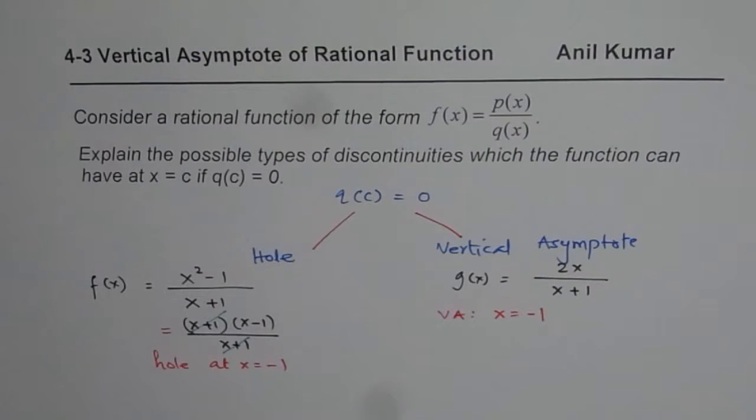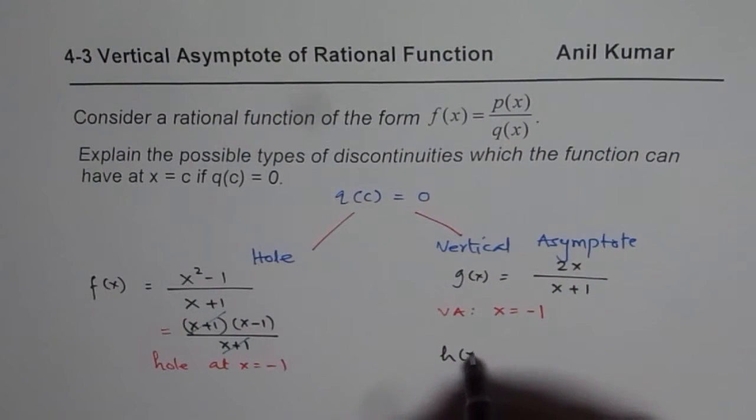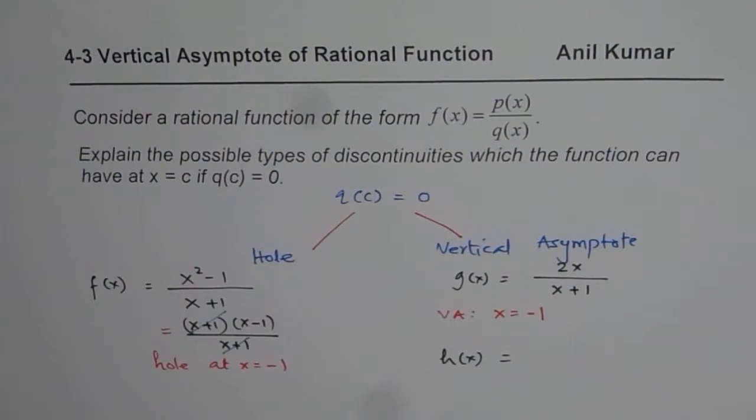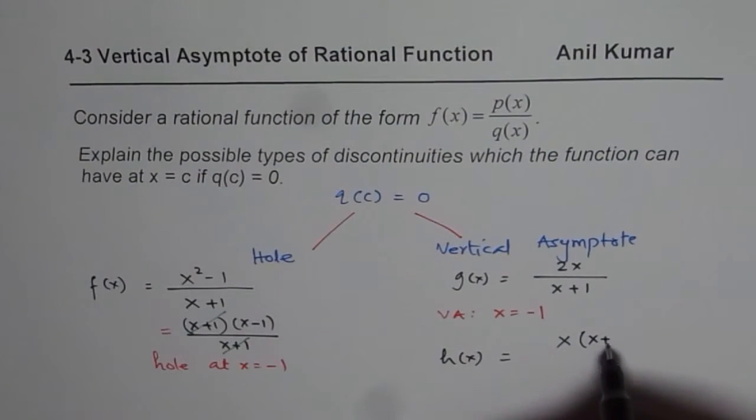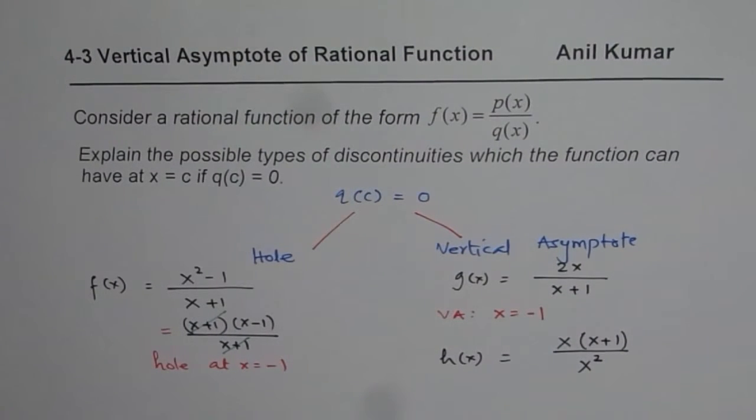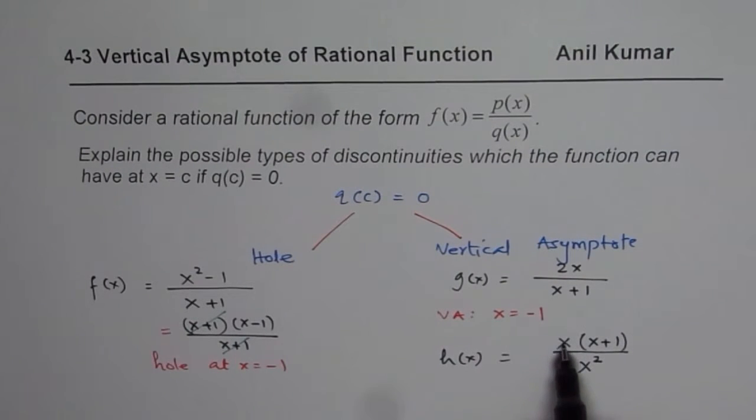Well, there is a very special case which I would like to highlight here. We could have a function h(x), for example, x times (x plus 1) divided by x squared. Now in this particular function, at x = 0, the numerator is 0 and the denominator is also 0.